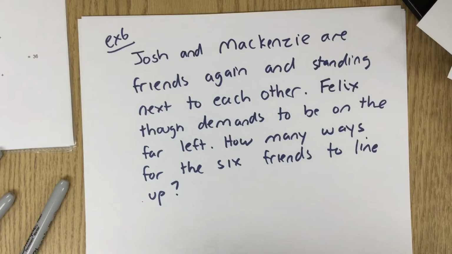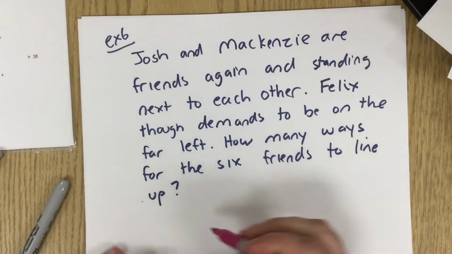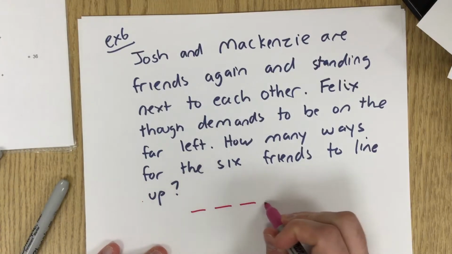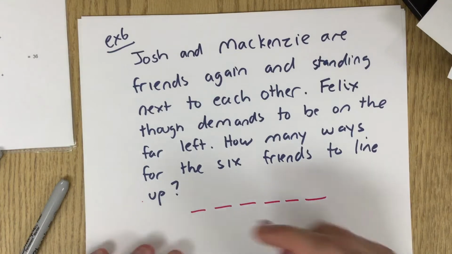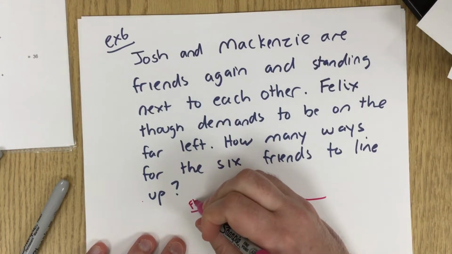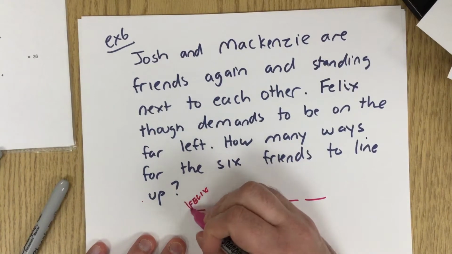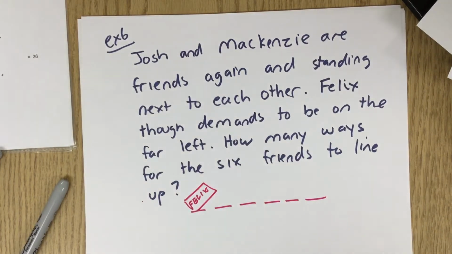So I'm going to draw this out a little bit. We have our 6 slots, and then here we have Felix. So Felix is occupying the spot over here. He's on the far left.